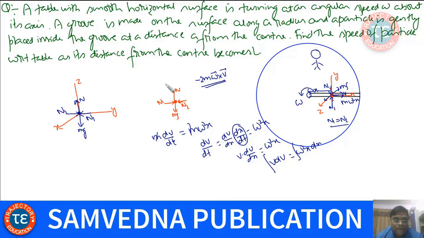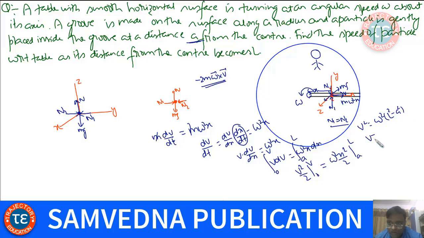When x is a, the velocity is 0, and you want the velocity when x is L. So v square by 2 from 0 to v equals omega square x square by 2 from a to L. That means v square is omega square times L square minus a square, or v is omega times the square root of L square minus a square. So due to this centrifugal force, the body will be moving in the radially outward direction.